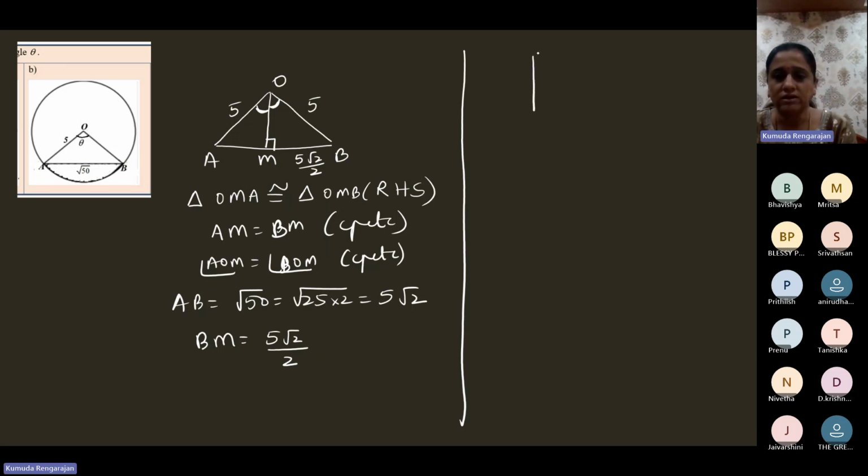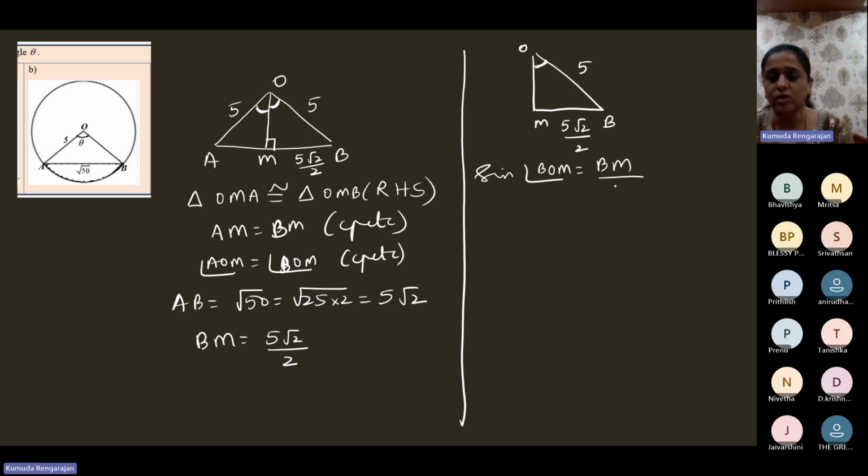Now in this triangle OMB, this is 5. This is 5 root 2 by 2. And this angle is not theta. The whole angle is theta. So now you need to connect this angle with the opposite side and hypotenuse. So sine of angle BOM is equal to opposite BM by hypotenuse OB.